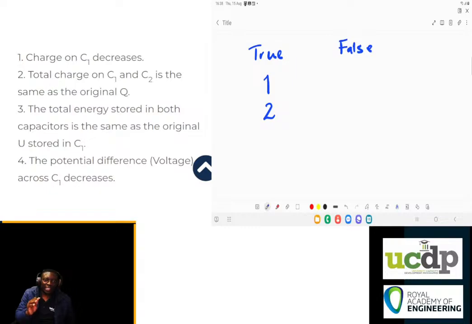You see now they're saying the total energy stored in both. That should have appeared also in 2. But anyway, total energy stored in both capacitors, is it the same as the original energy which was stored in C1? Do you think the sum of U1 plus U2 equals the initial U? Yes, I think it is the same.